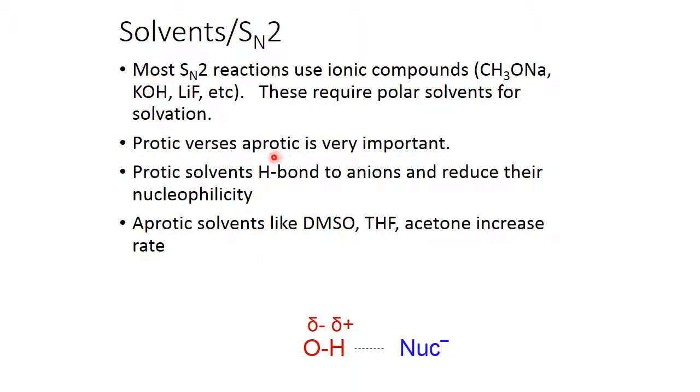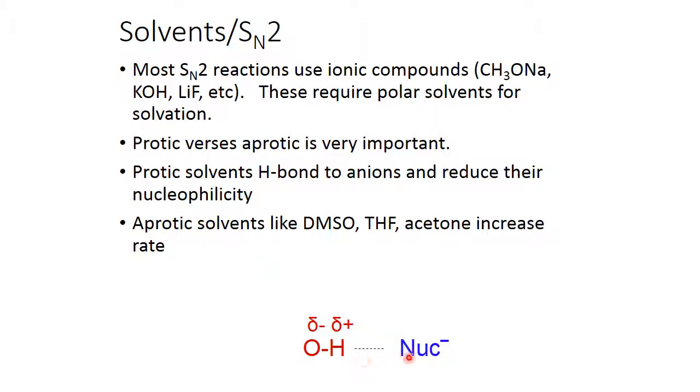In fact, it leaves it naked in the solvent, and it makes it more nucleophilic. So when I have an aprotic solvent, DMSO, THF, acetone, HMPA, a lot of them are acronyms, they will increase an SN2 reaction quite a lot. If I have a protic solvent, it slows it down.